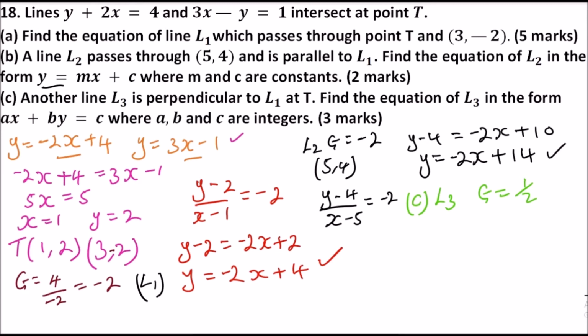So if this line is perpendicular and meets at T, it means they share a point, which is T, which we found to be (1, 2). With the gradient and a point, we will be able to get the equation. So we say y minus 2 divided by x minus 1 is equal to a half, which implies that we cross multiply.